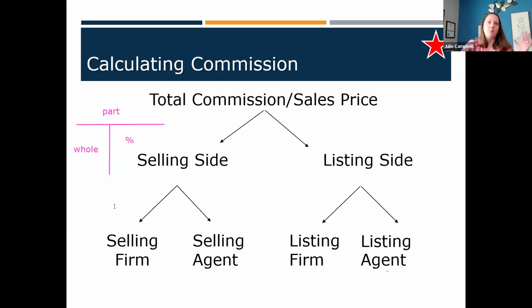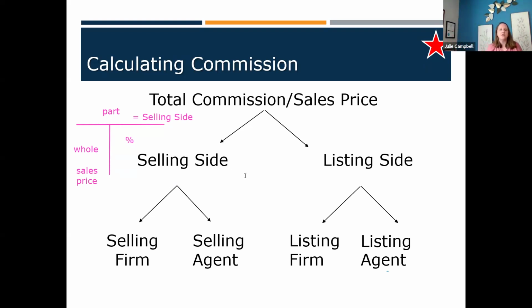So the first tier might be to find the selling side commission, for example. Selling side. And what they give you is the sales price. So we use T-bars, absolutely. Y'all know me.